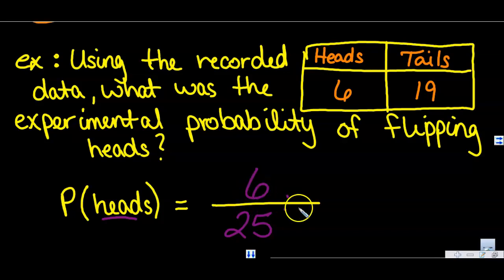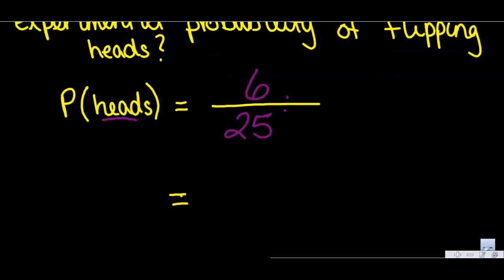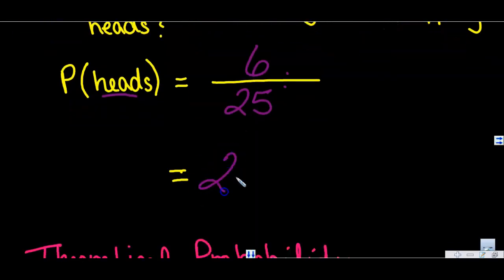So we're going to take 6 divided by 25 times 100 to get 24%. A little bit of review of the likelihood here: this will be unlikely to happen according to this experimental probability.